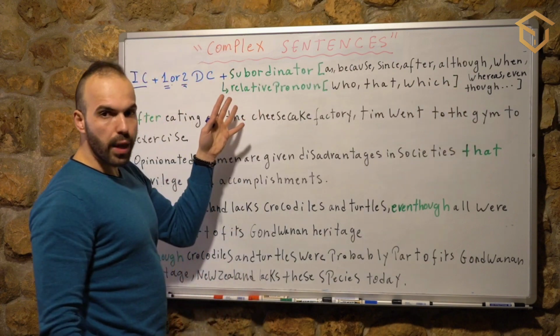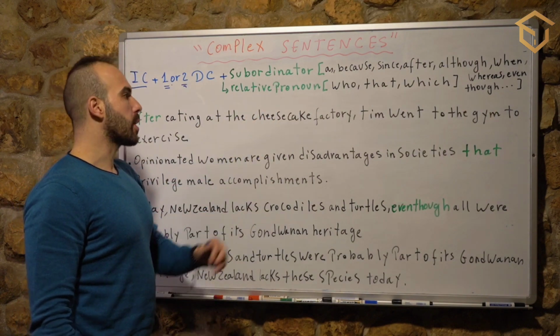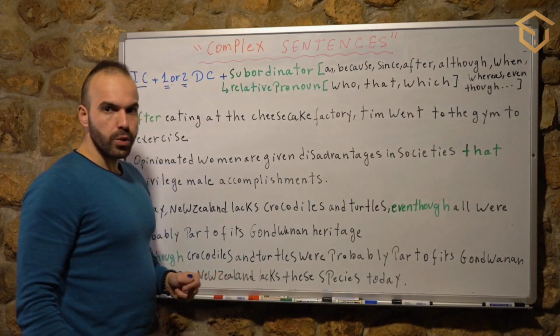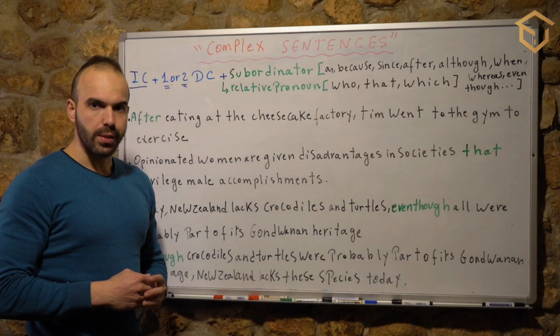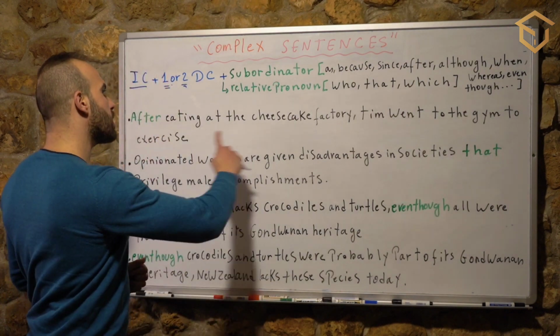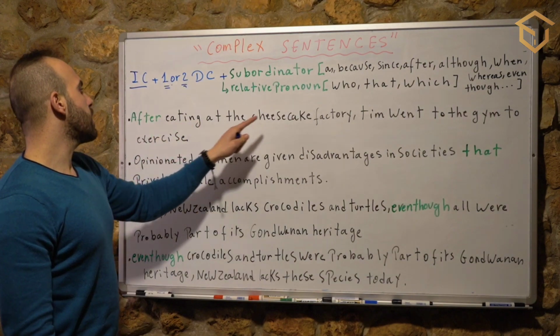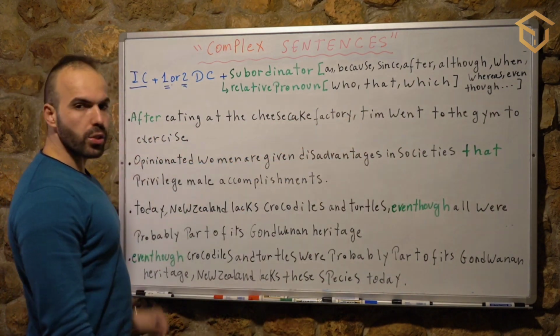These are subordinators, or a relative pronoun, for example, who, that, or which. So that is the meaning, and that's how we use complex sentences. Let's move into the first example sentence here. After eating at the Cheesecake Factory, Tim went to the gym to exercise.